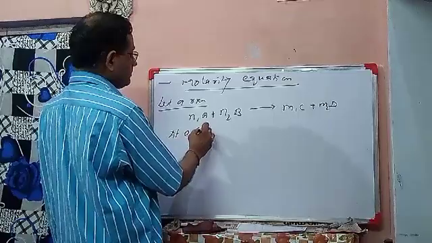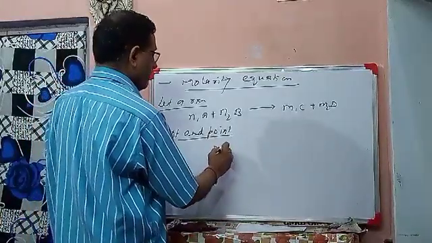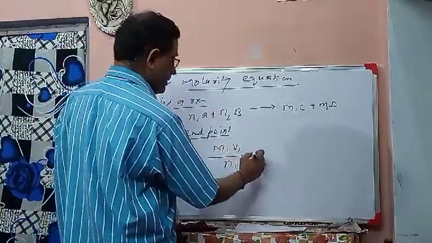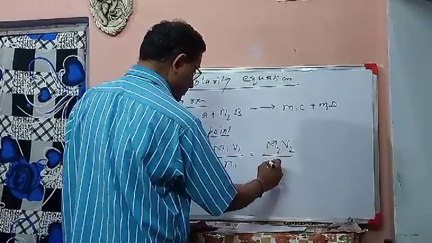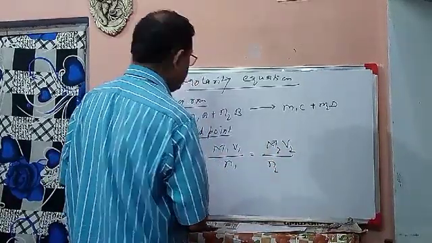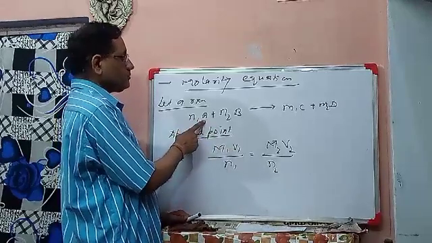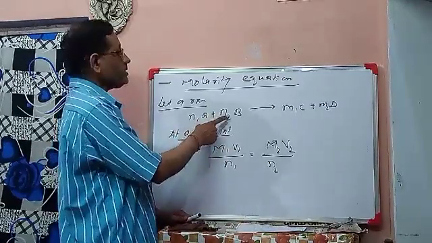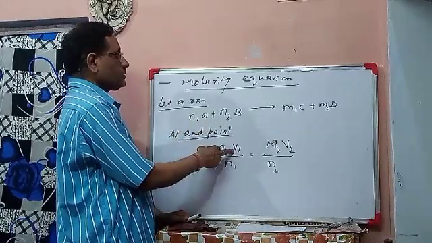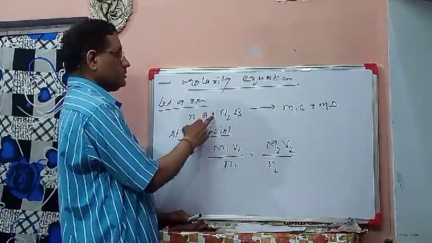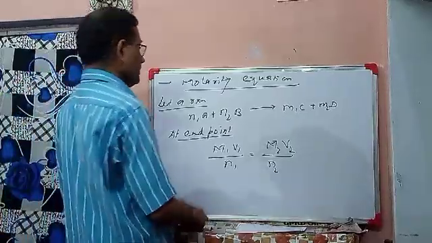At end point, when the reaction is complete, our equation is applicable, and this is called molarity equation. Here M1 is for A, V1 for A, n1 molecules, and n2 is this. M1 is the molarity of A, V1 volume of A, M2 molarity of B, and V2 volume of B. Clear?